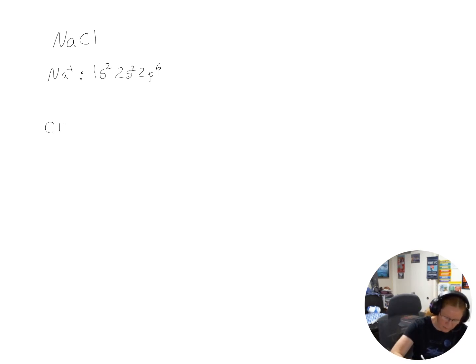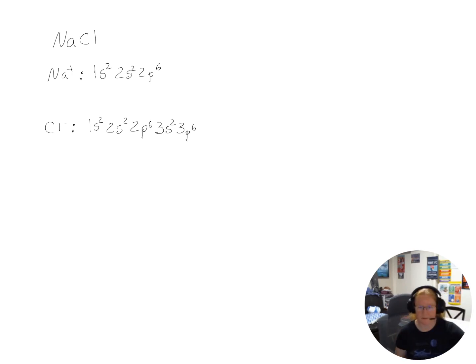Chlorine, we want to make that chloride ion. So we're going to get 1s2, 2s2, 2p6, 3s2, 3p6. We're going to add in one more p electron. So what elements naturally have a full valence shell? Noble gases.